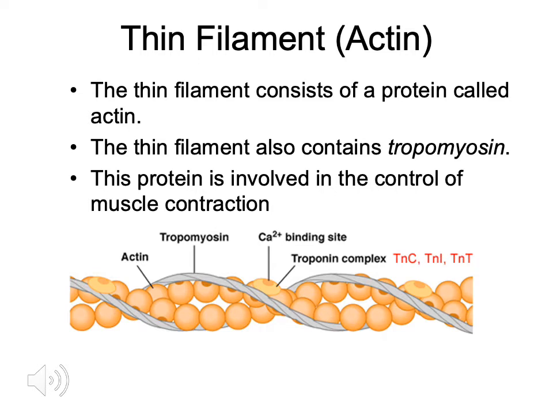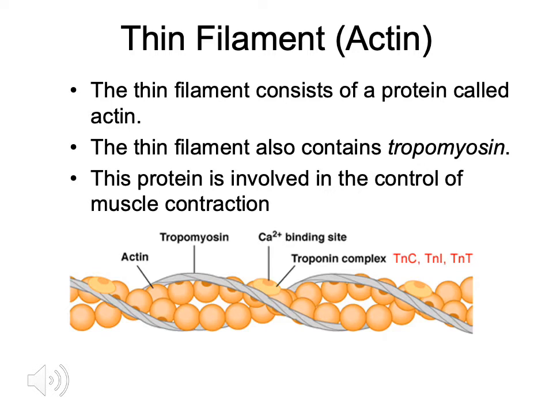There are two regulatory proteins, tropomyosin and troponin. Tropomyosin is a protein filament that wraps around the actin filament, and you can see it almost like a rope on the diagram. Troponin attaches to the tropomyosin. Now, what the tropomyosin is actually doing at this point is covering up the active site.